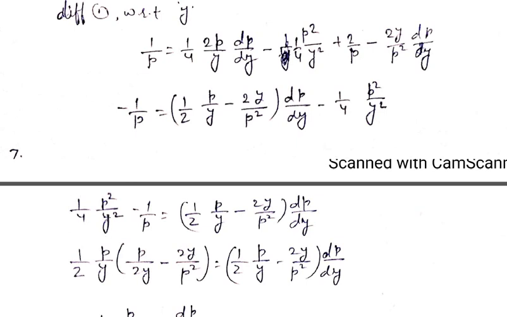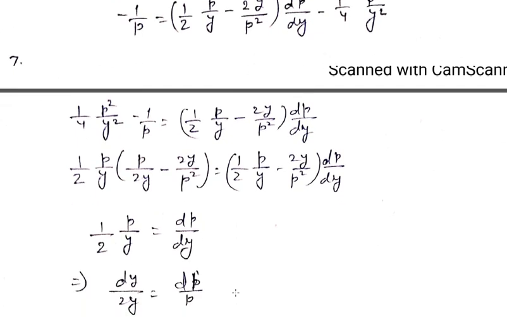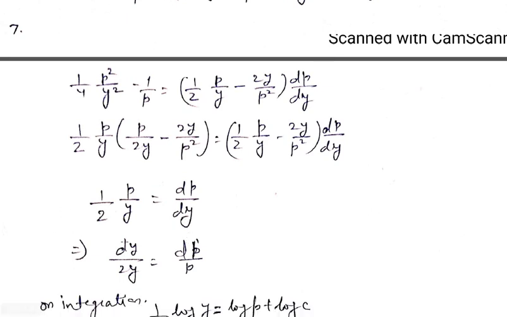So in the first term we have p upon 2y, whereas the second becomes minus 2y upon p square. This is just common as in the right hand part, so these both cancel out. So here we have 1 upon 2 p upon y equals dp upon dy, which can be written as dy upon 2y equals dp upon p.